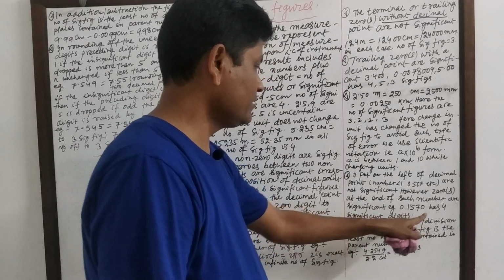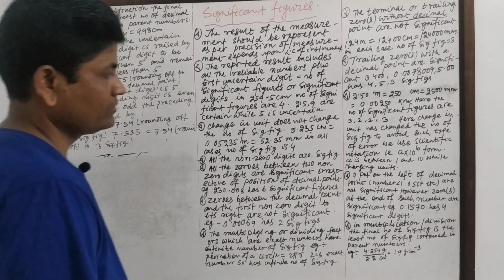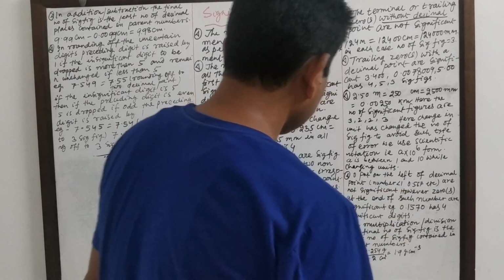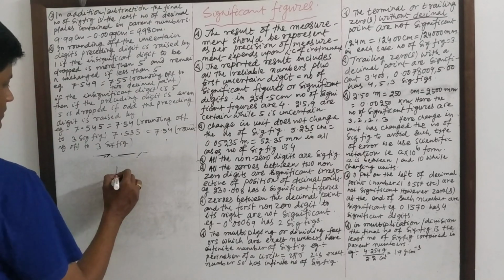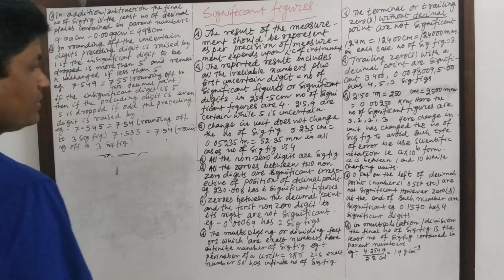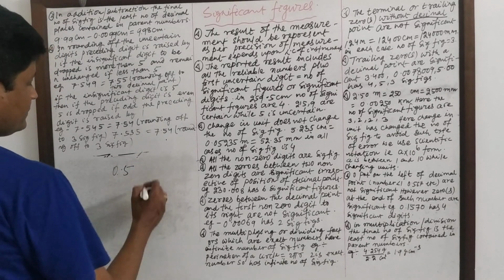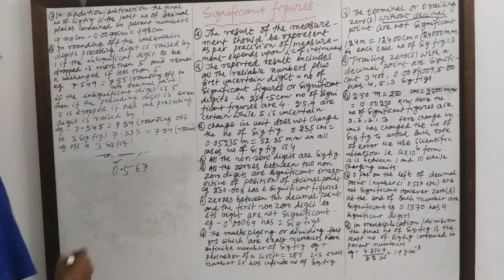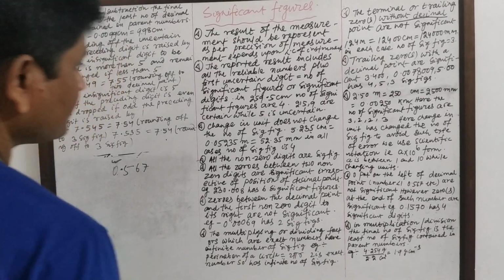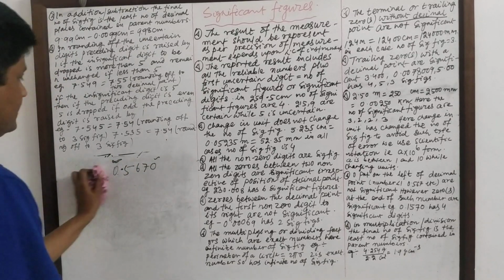That is, we have discussed it: the trailing zeros are significant, while 0 put on the left of the decimal point, as in 0.567, is not significant.